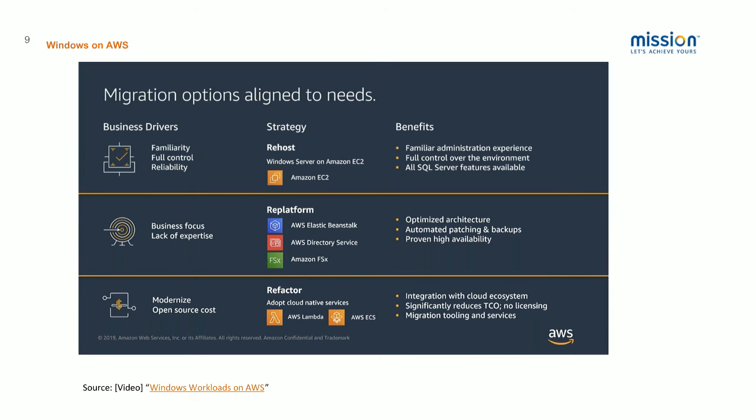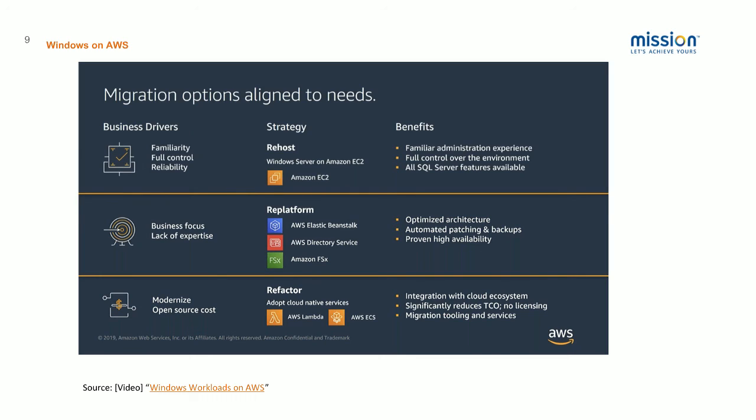But once you're there, if your business driver changes to getting a more optimized architecture, you can replatform, right? And that involves using things like Elastic Beanstalk, the directory service, and you can get a lot more automated patching and backups, proven high availability, as they mentioned here.